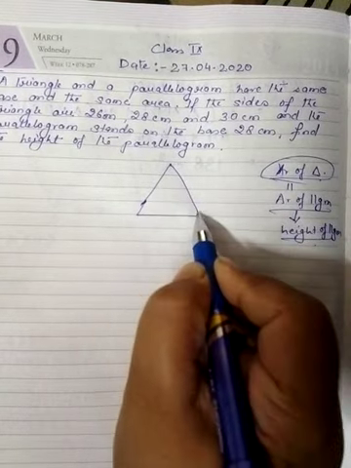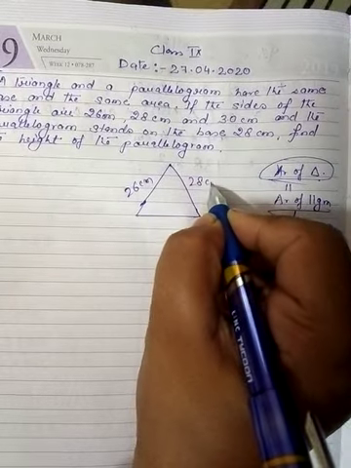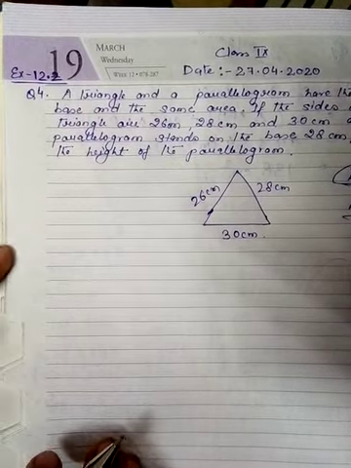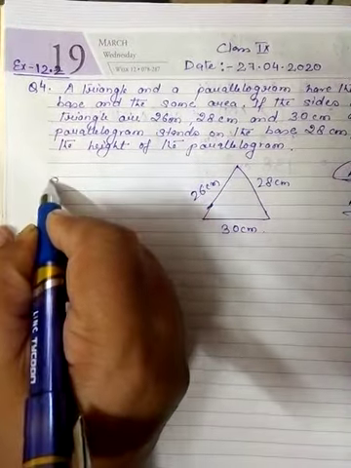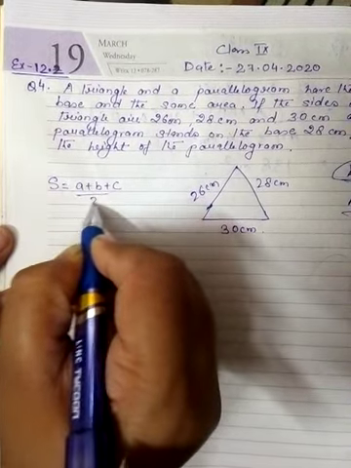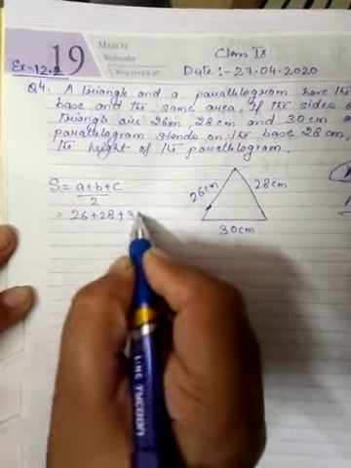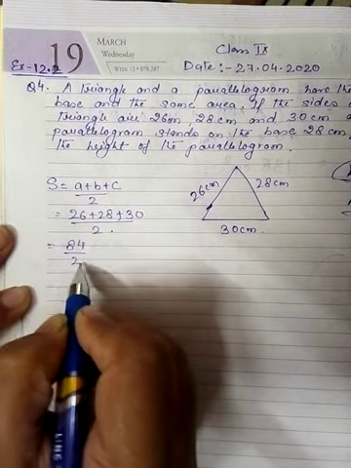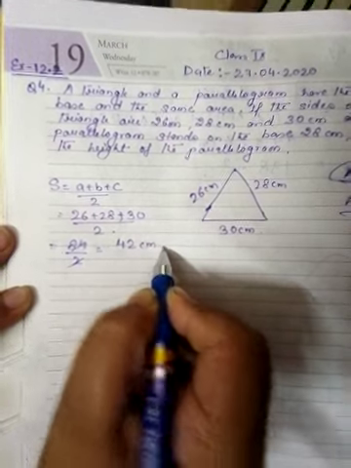So we have a triangle in which the sides are 26 centimeter, 28 centimeter and 30 centimeter. Since sides are given, I have to use Heron's formula to find the area of this triangle. I am going to find the semi-perimeter, that is (a plus b plus c) by 2, that is (26 plus 28 plus 30) by 2, and we'll get 84 by 2, that is 42 centimeter.